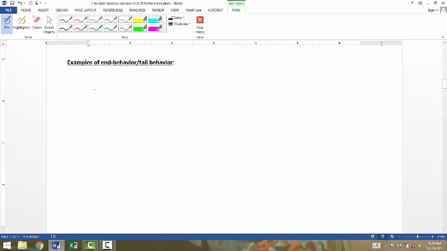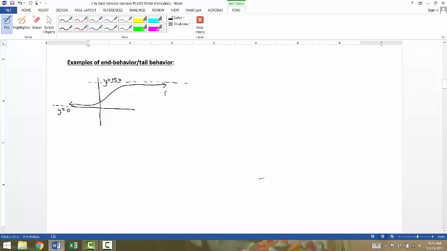So let's look at a few examples. So for example, this is what's called a logistic function. So it looks like over here, it's flattening out. Let's say it's approaching a height of 150 over here. And on this end, it's approaching the x-axis.